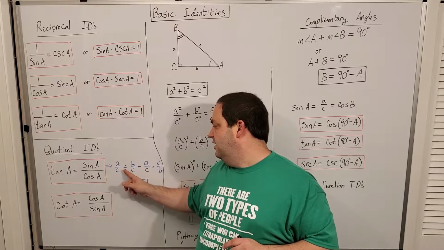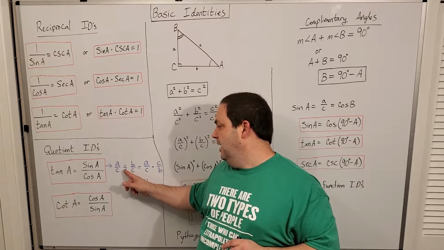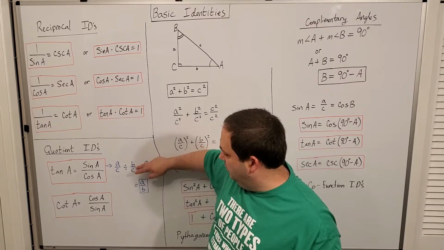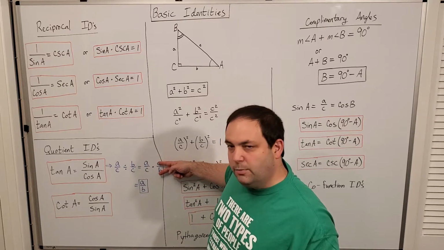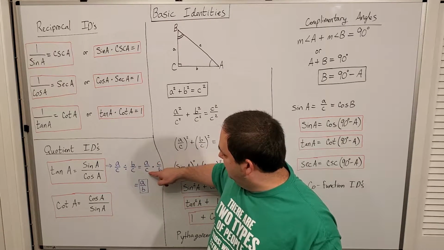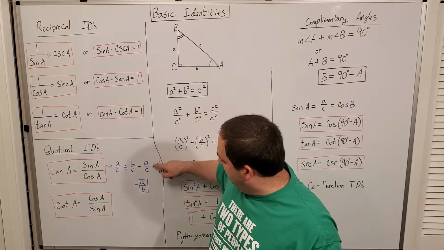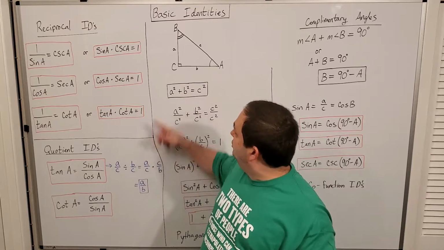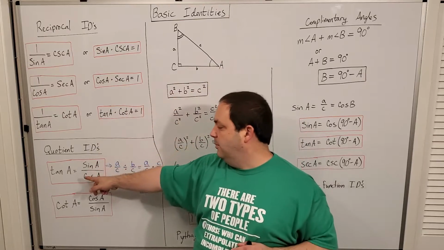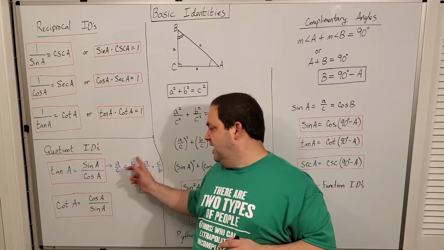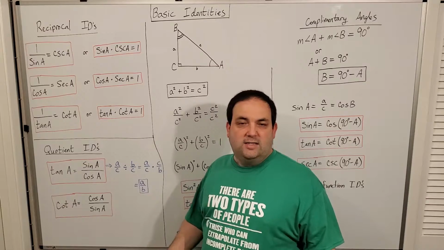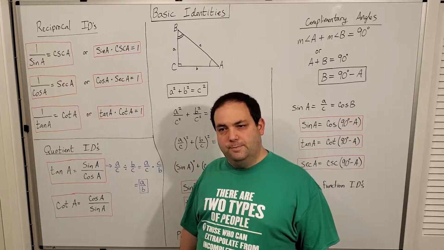So a over c divided by b over c. In order to divide a fraction, I have to flip it and multiply, right? Do the reciprocal and multiply. Notice the c's will reduce, and I'm left with a over b, which is tangent of A, the opposite over the adjacent. So as you can see, it is from the definition, and it's basically just a fraction simplification.